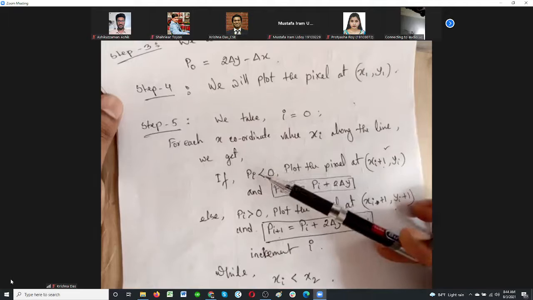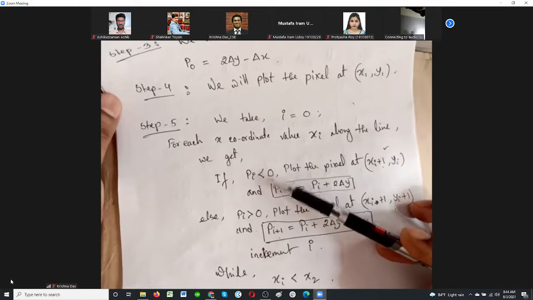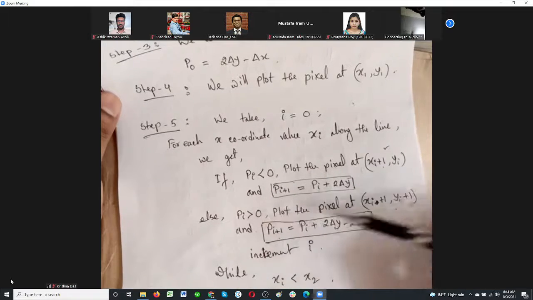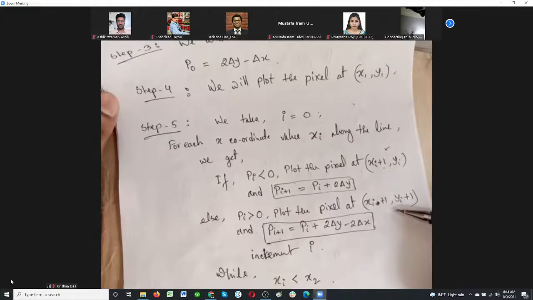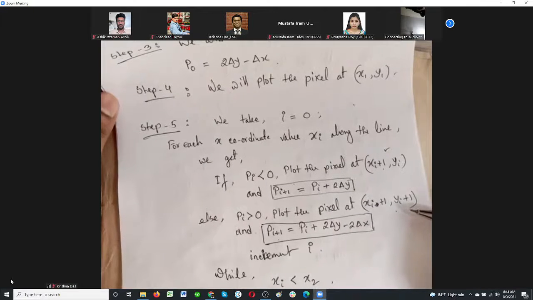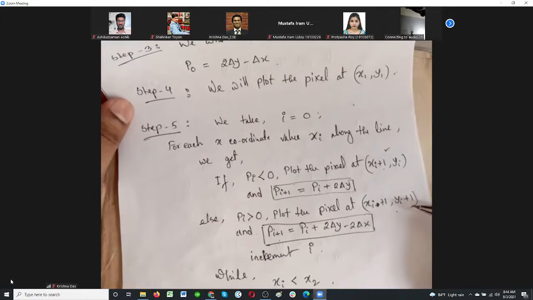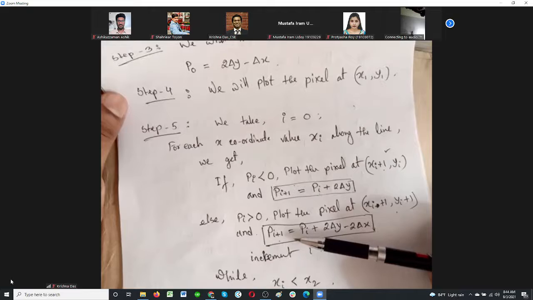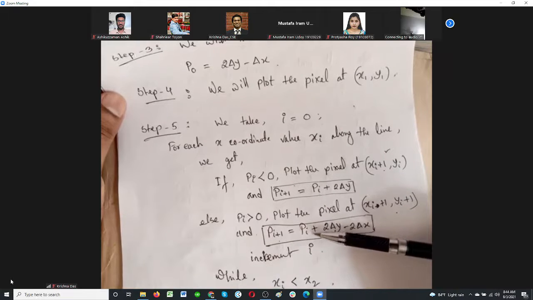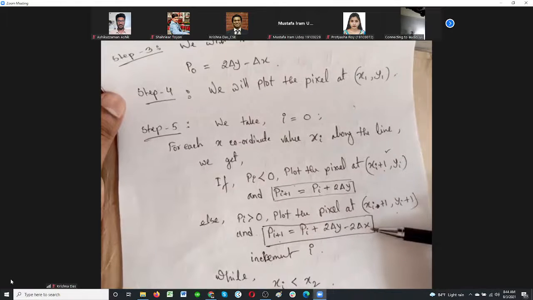If the decision parameter value is positive, then we take the upper pixel, which means the y coordinate value also increases, and at the same moment the decision parameter for the next one is the previous decision parameter plus 2 del y minus 2 del x.